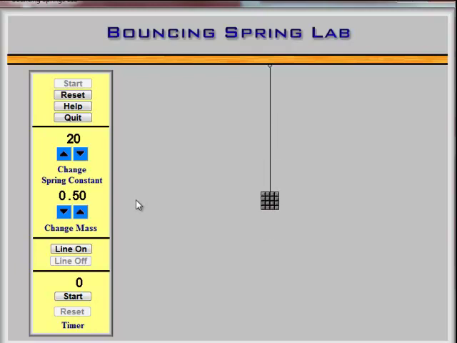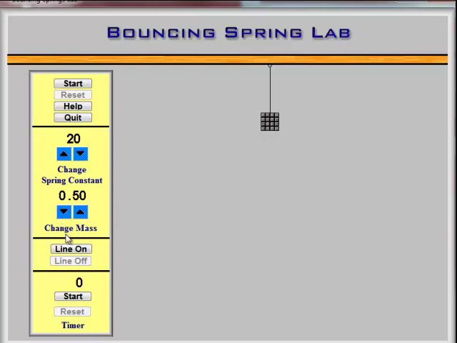But we want to go a little bit further than that. We want to use graphical analysis to find the exact equation for the spring. So let's reset. And what we can do is run two experiments. One, we will run the spring constant versus the period.